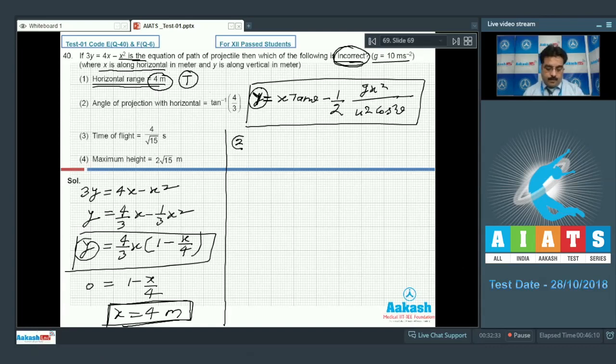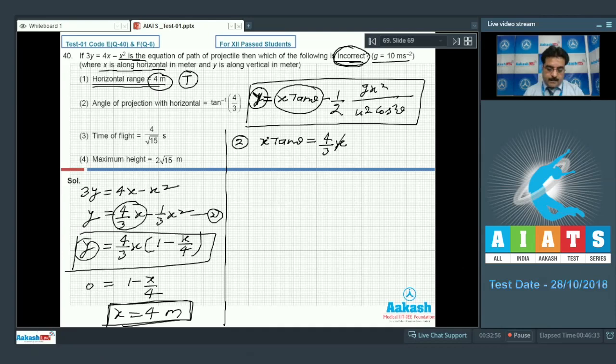If I go for option number 2, angle of projection: if I compare this equation with our equation number 2, we'll see x tan theta from the general equation and 4 by 3 x from equation number 2.